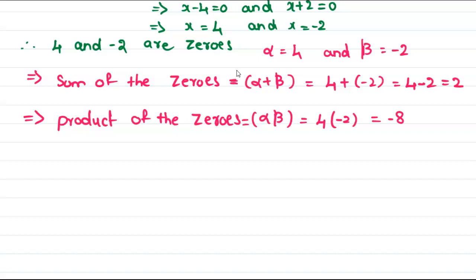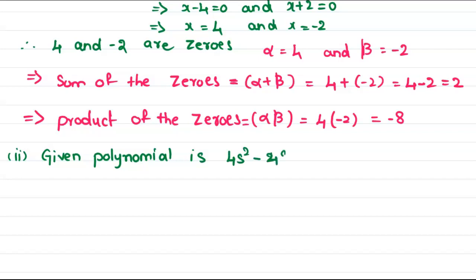Now let's come to the second one. In the second one, the given polynomial is 4s square minus 4s plus 1.